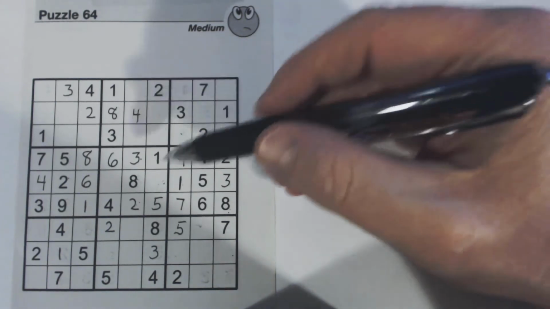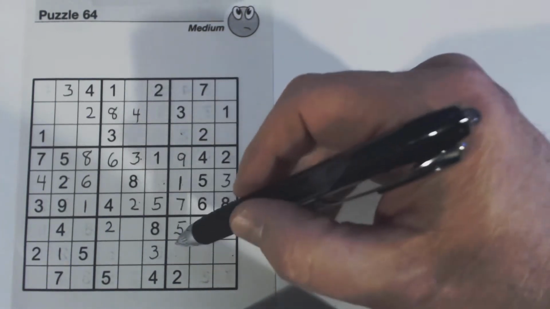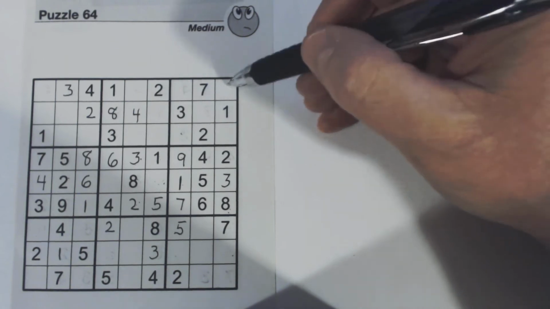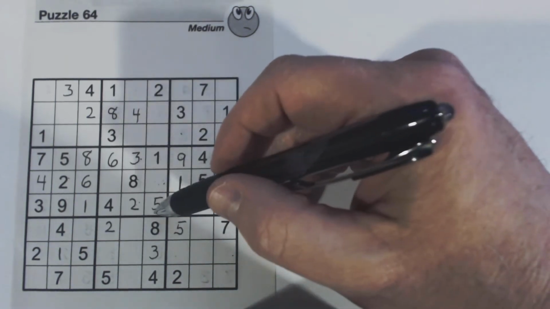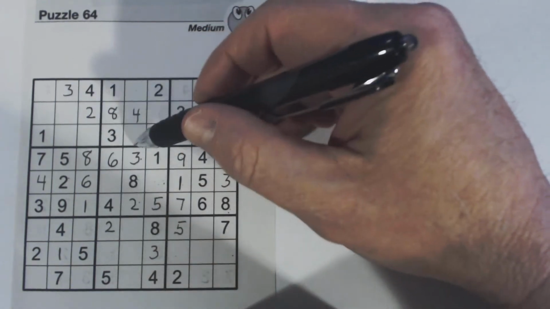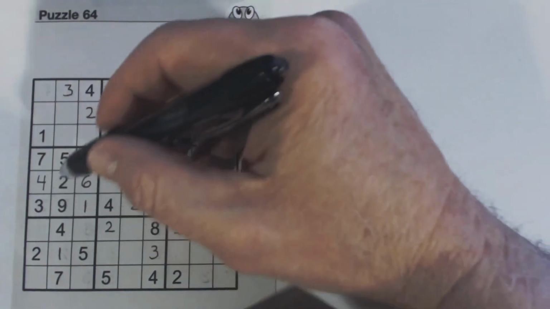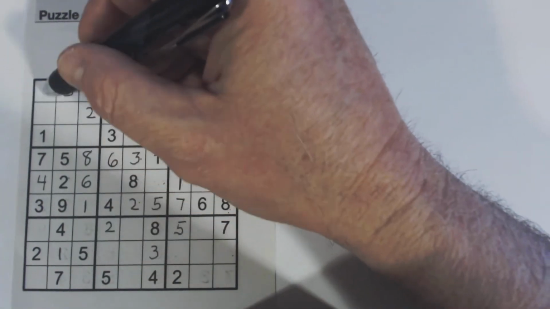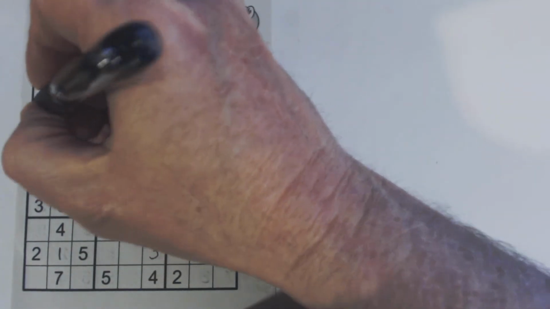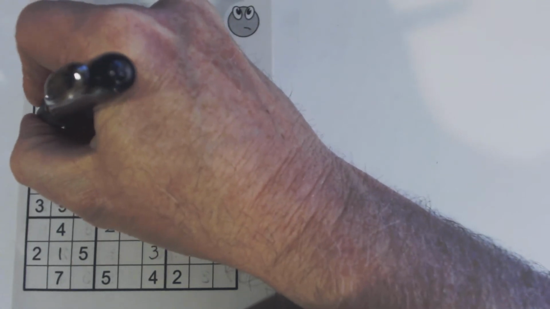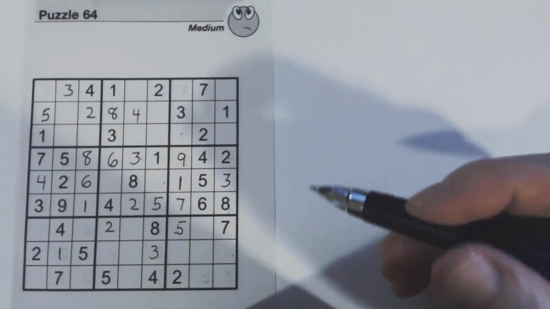Okay. Let's see. We've got 5s here. So one of these two is a 5. One of these two is a 5. One of these two is a 5. So I know that this is a 5 right here. That's a little bit different.